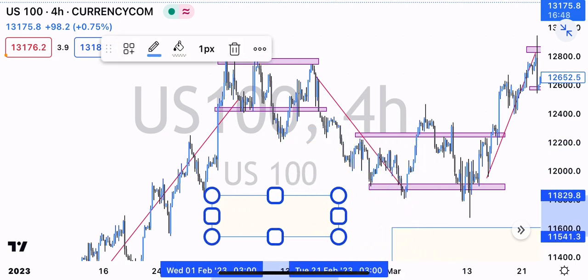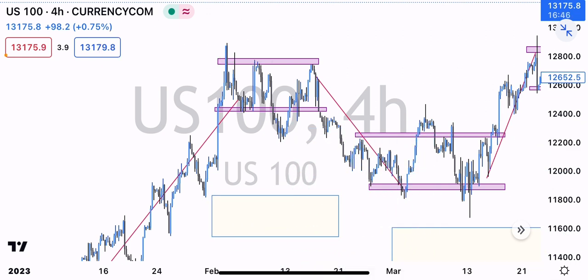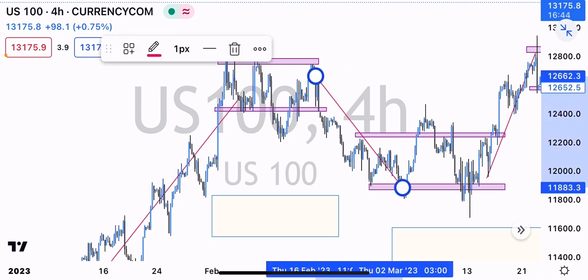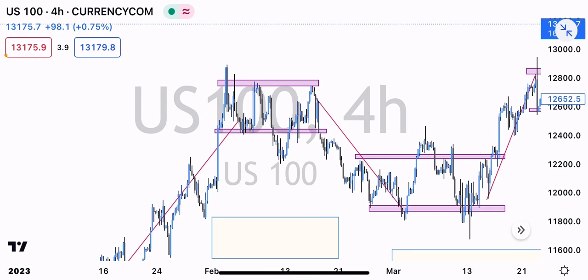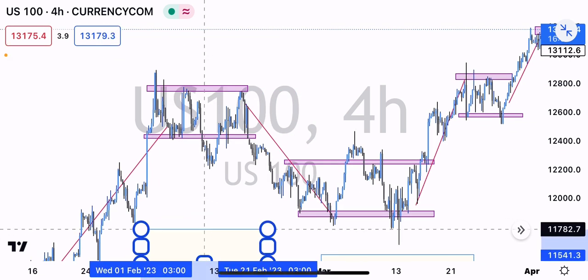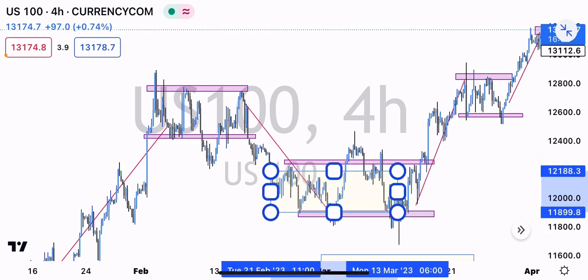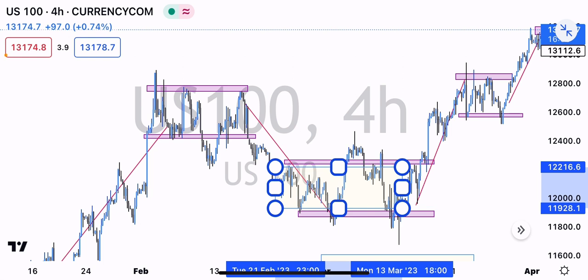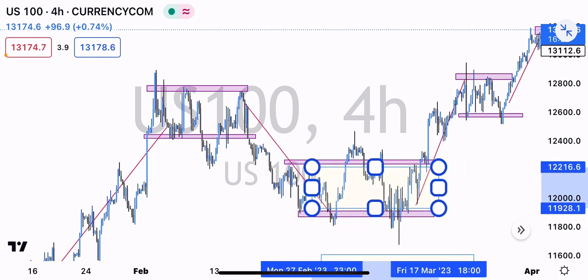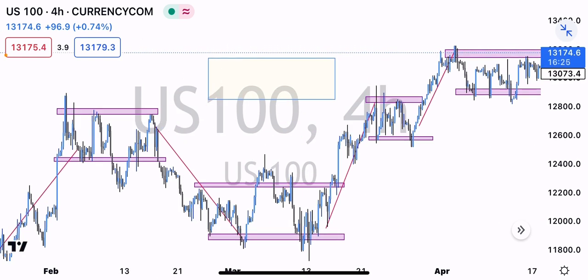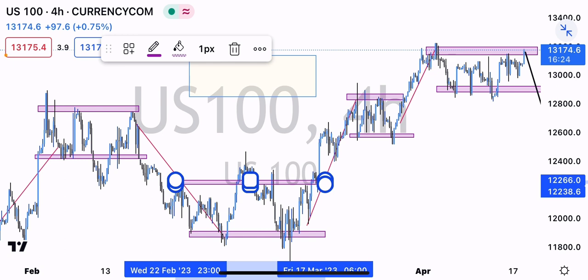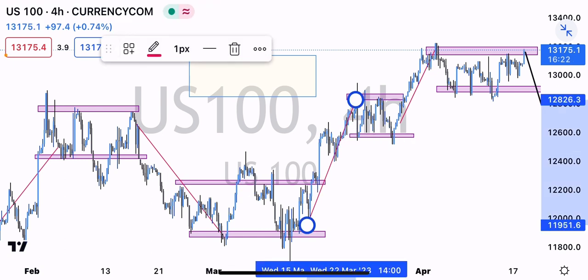Instead of breaking to the upside, it broke to the downside, which forms a problem again, whereby the market will have to go up for a long time, because it went down, consolidated down, and from there it broke and went all the way up.